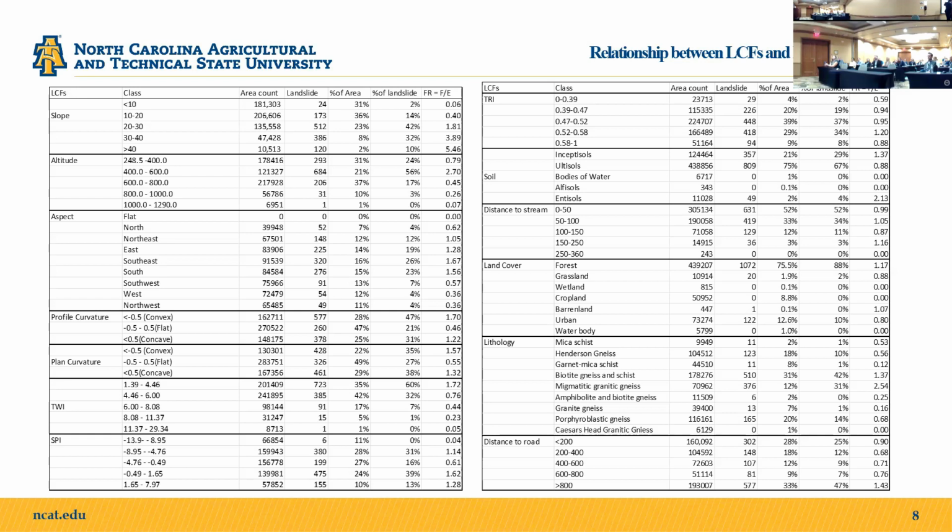We also have the altitude. This is quite funny because where we have the higher altitude, like 800 to 1,290, the frequency ratio is very, very low. We have the landslides between 400 and 800, which is the mid elevation range.